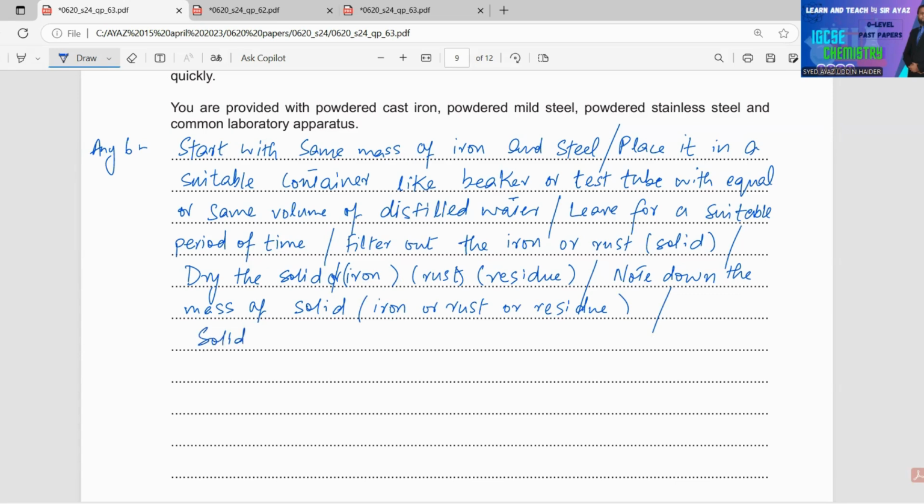Solid, which can be either iron or rust or residue, with the highest mass has rusted most.